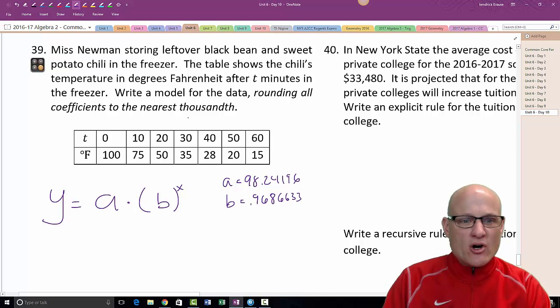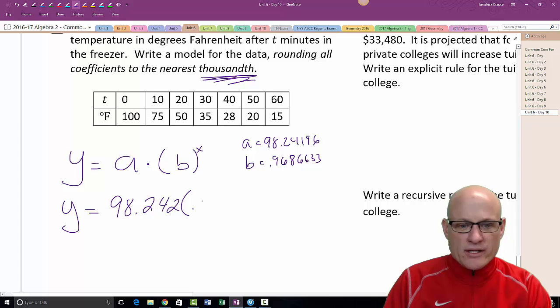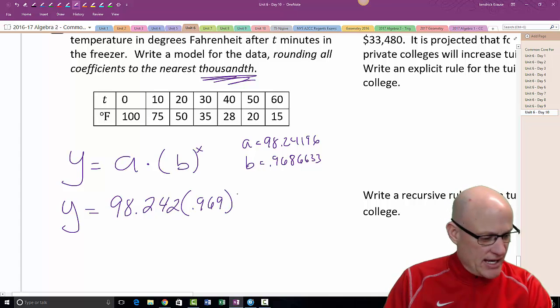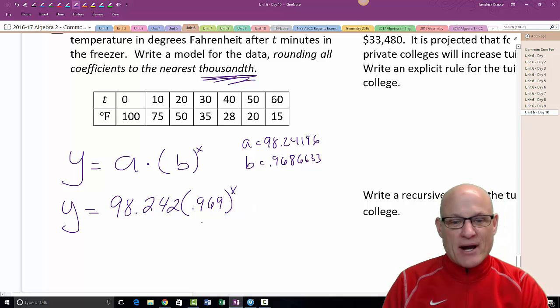And I need to round all to the nearest thousandths. So I'm going to write my equation: y equals 98.242 times 0.969 to the x.